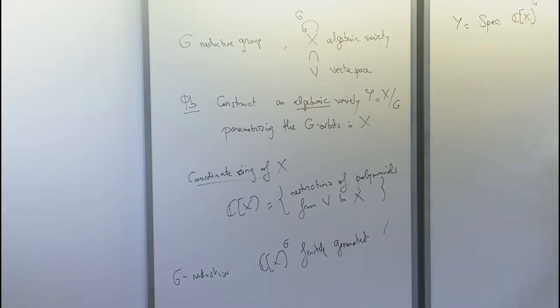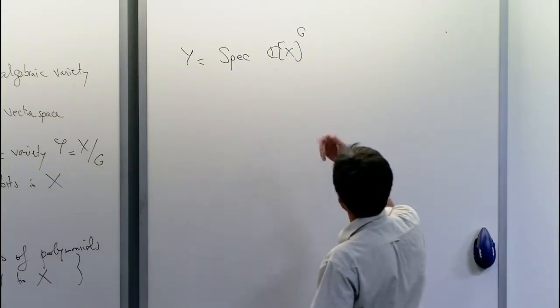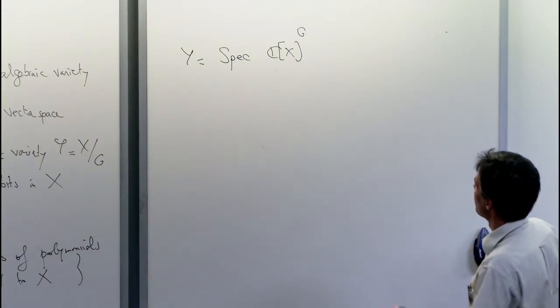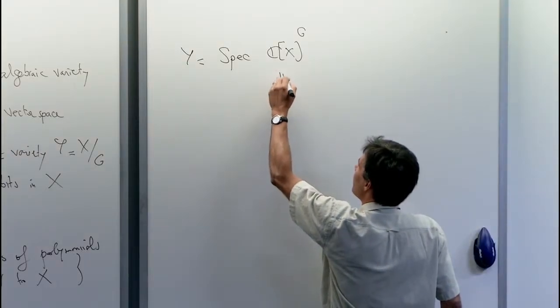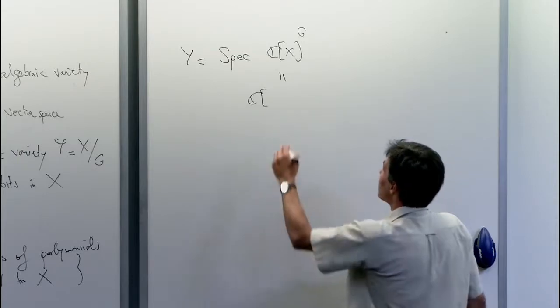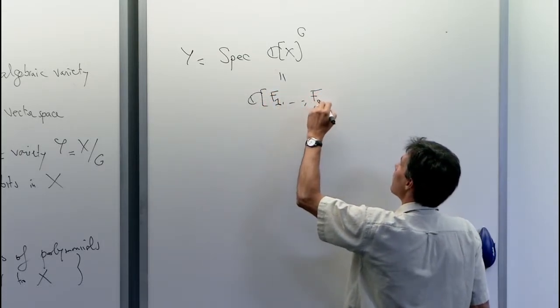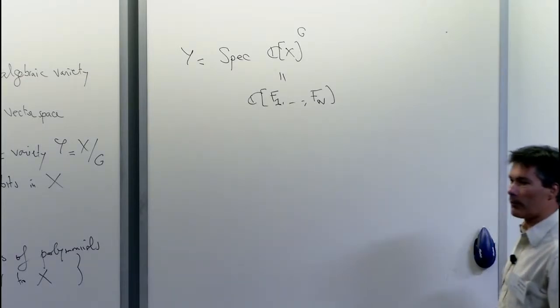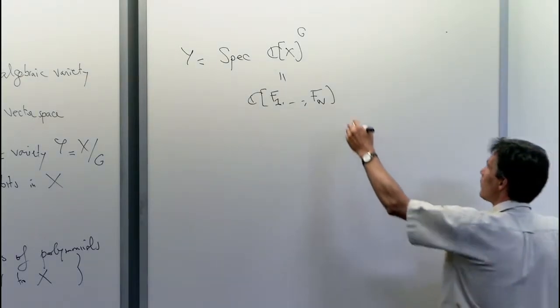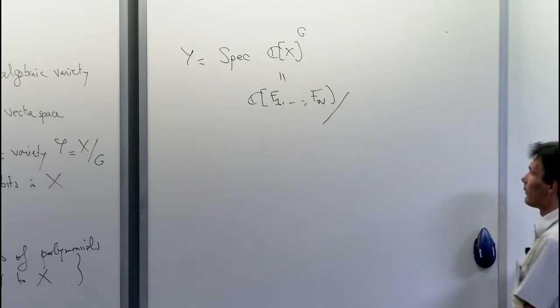So what does it mean? It's a cumbersome notation to say something very simple. Since the algebra is finitely generated, we can choose finitely many generators, F1 to Fn. And as we have seen, in general there will be some relations between these generators.